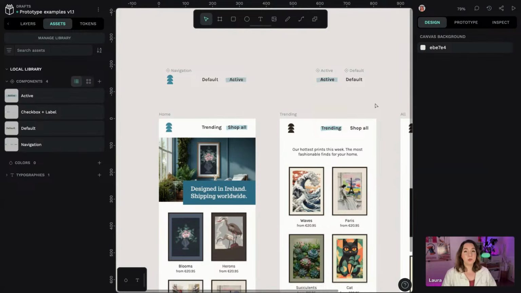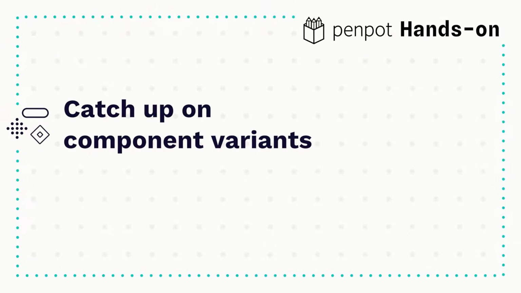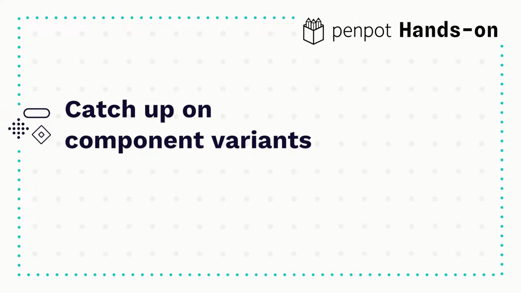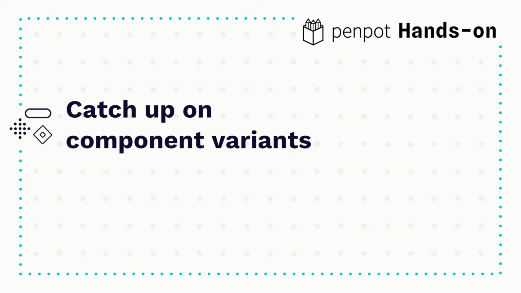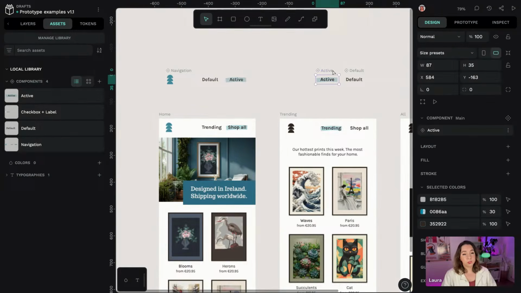So let's move on to component variants. We want to look at those next. Variants are basically predefined options for your component. For example, we said before active and default, these are different types of the same component.